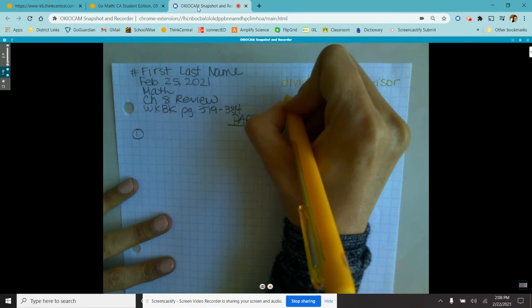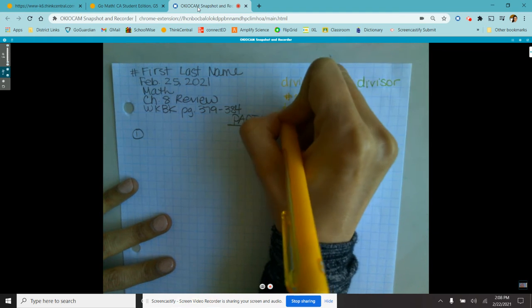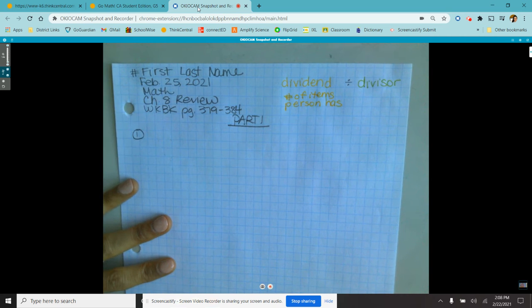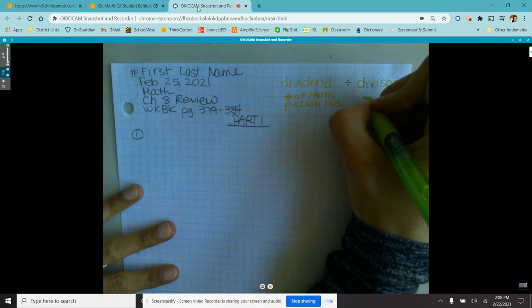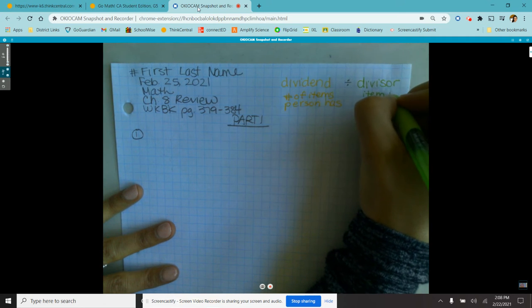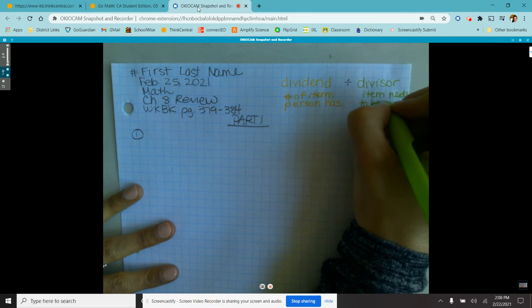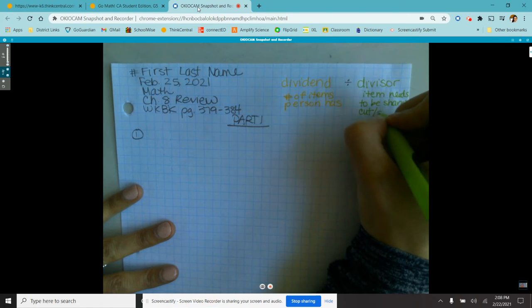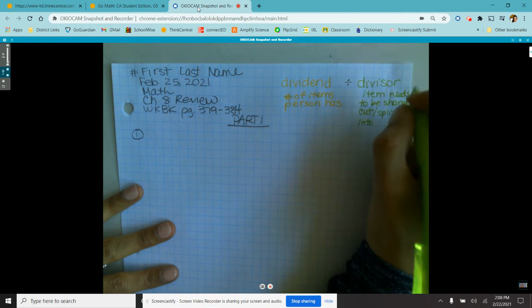And the dividend is the number of items a person has. And this is divided by the item that needs to be shared or cut or split into pieces or shared amongst people.